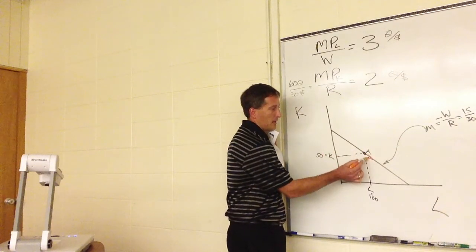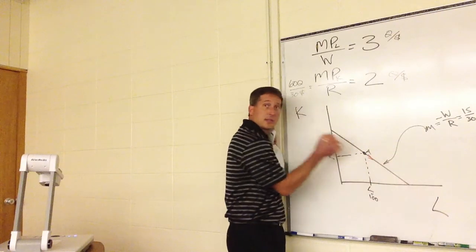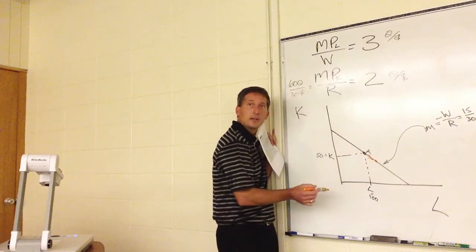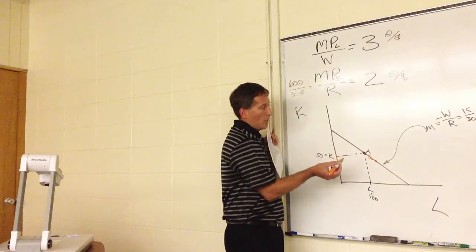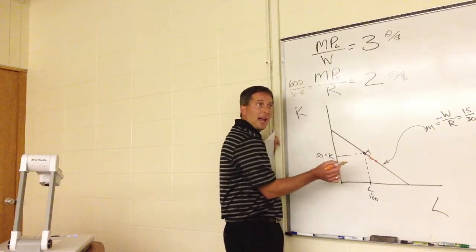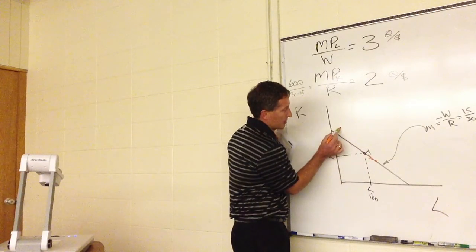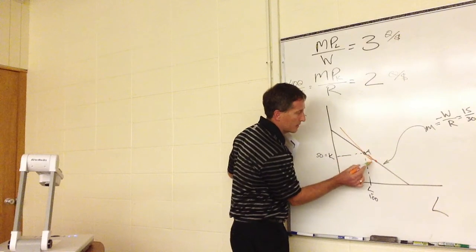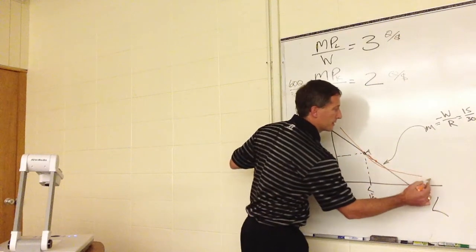Labor. So we need to move this way along the ISO cost curve to a new point B. So what must have been true at point A? We don't have to draw this for the picture, but there was an ISO cost curve that was cutting through and looking like this.